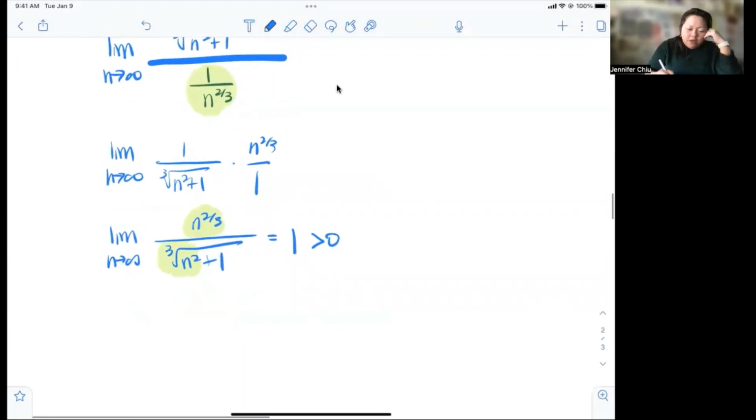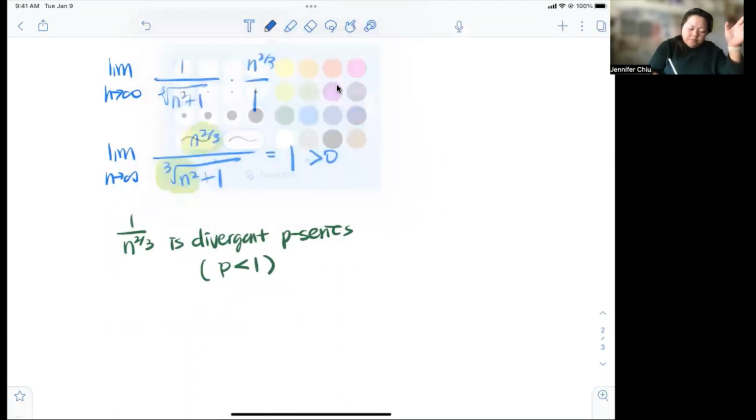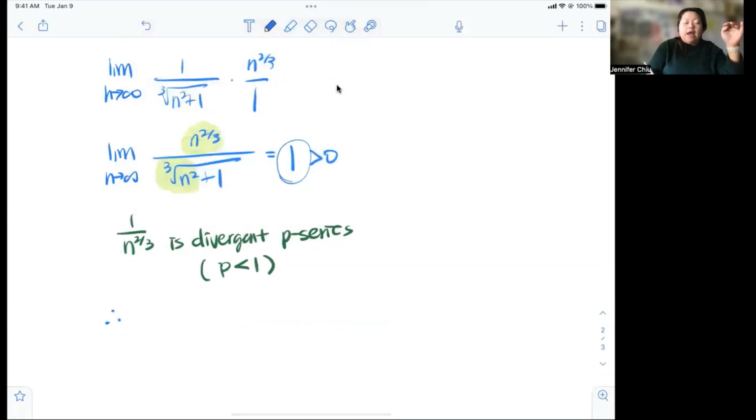So because 1 over n to the 2/3 is a divergent p-series, right? Because your power is less than 1, okay? So therefore, because I know that it's a divergent p-series, and since I had an answer to my limit, therefore the two functions will have the exact same behavior.